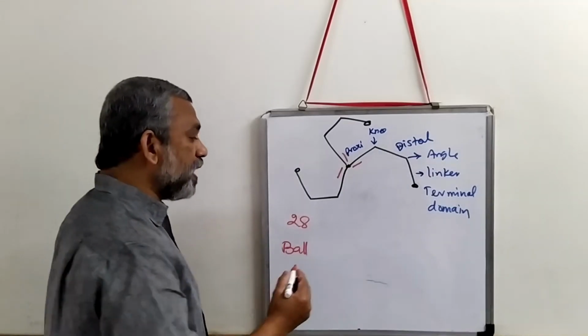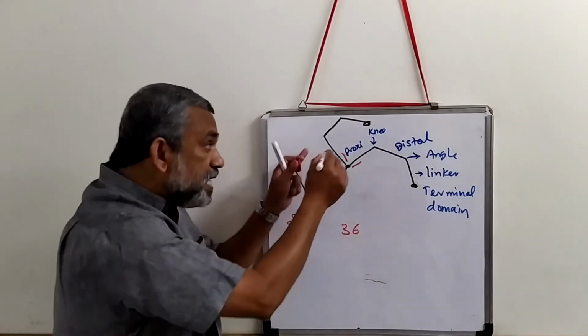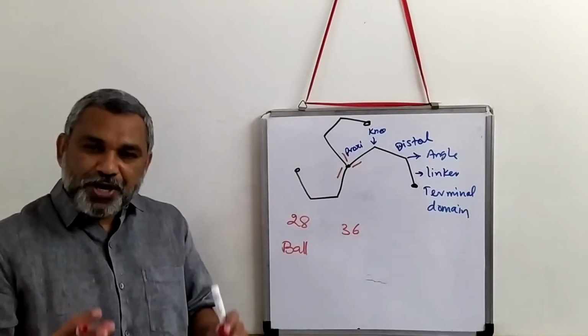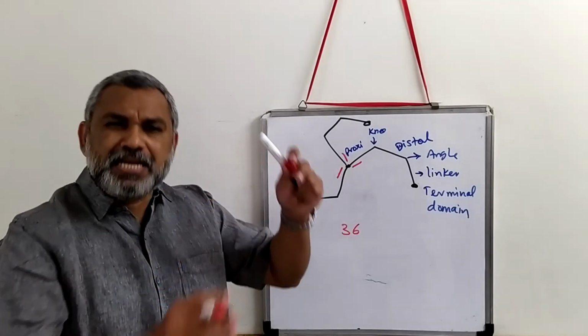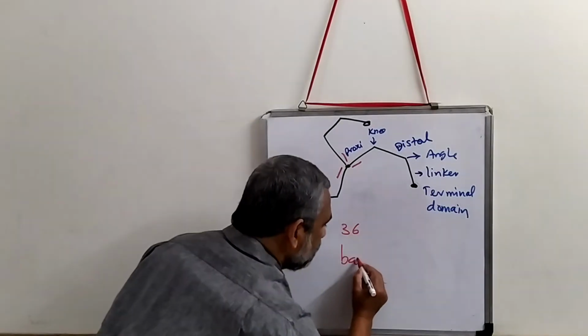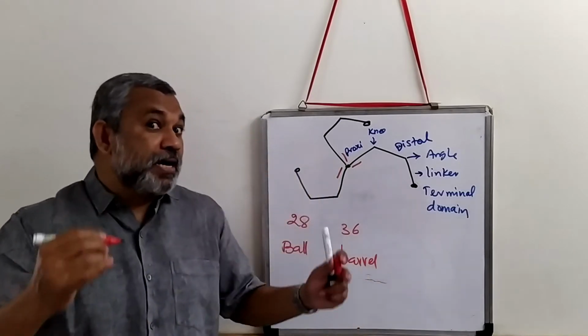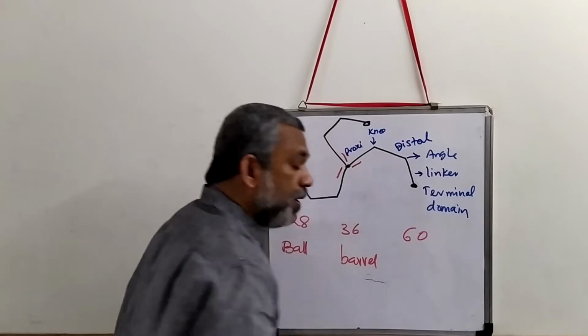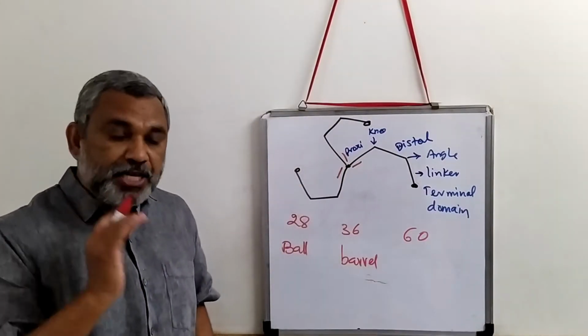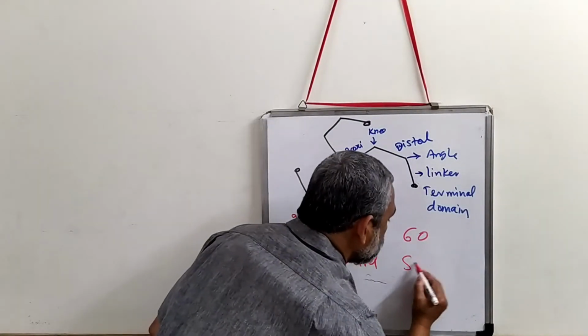The second kind of arrangement is that about 36 of them join together, and it forms a cylindrical barrel. And the third kind of arrangement seen is about 60 of them arranged together, and it becomes a soccer ball.